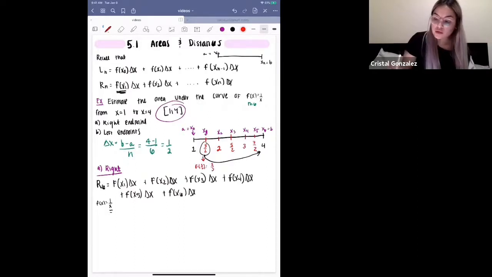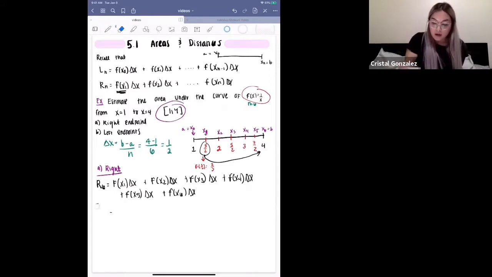If it's an easy enough function, just plug it in and leave it at that, then go ahead and do so. I could already tell this is going to be 3 over 2, this is going to be 2 over 3, this is going to be 1/2, and this is going to be 2 over 5, because I have an easy enough function. But what if you don't?